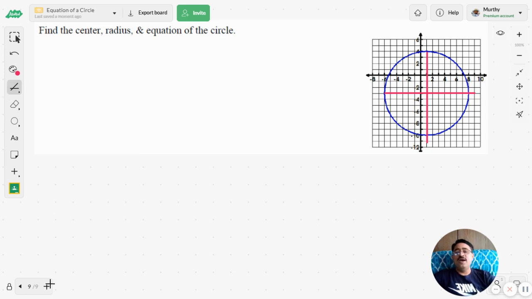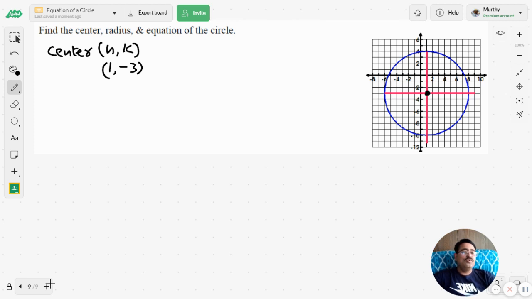So first of all, you have to identify the center of the circle. I see that the center's x value is 1 and y value is -3. So center hk, x value is 1 and y value is -3. So now I know the h value and k value. Next, what is the radius?